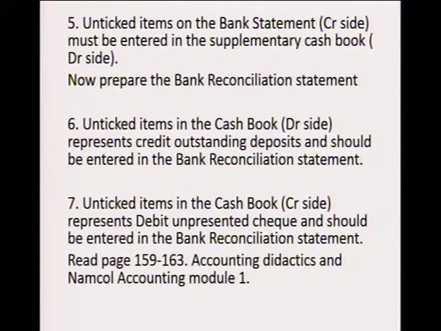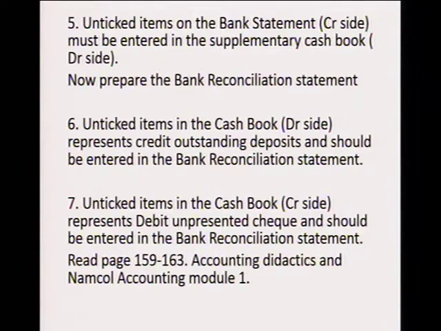And then now you have to prepare a bank reconciliation statement. Upon preparing it, you are using step number 6. That is the unticked items in the cash book, on the debit side.